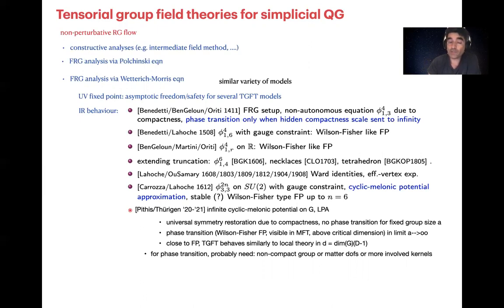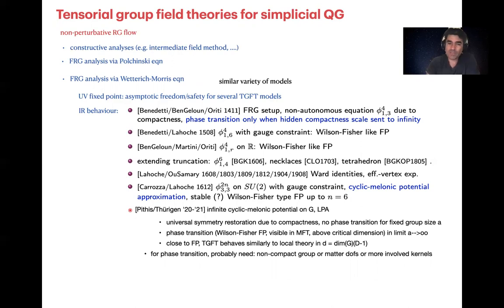So they are well defined in the UV. The IR behavior, of course, is much more tricky because one has to deal with the problem of having to choose a truncation and then having to extend the truncation, in order to have any solid result on the IR behavior.